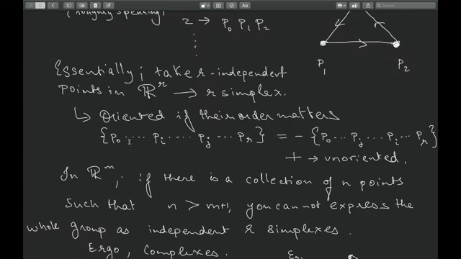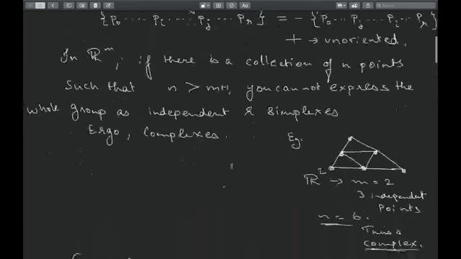For example, you have pi and pj here, which are interchanged: pi pj is equal to negative pj pi. So this is oriented. In case the sign doesn't change, then it is non-oriented.